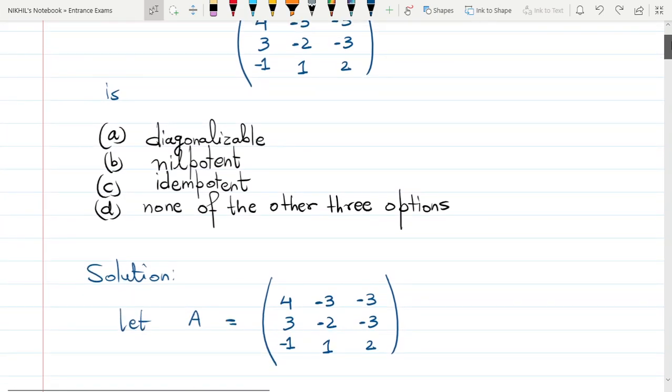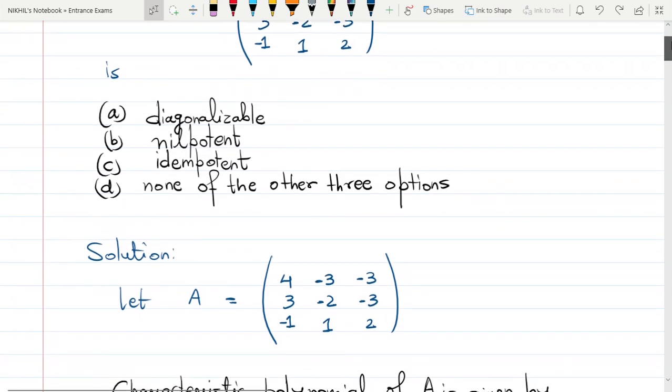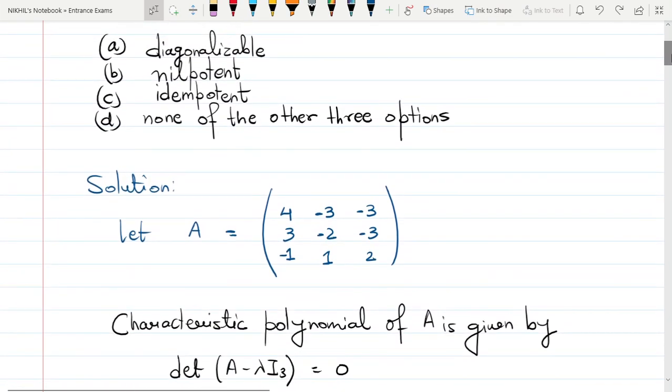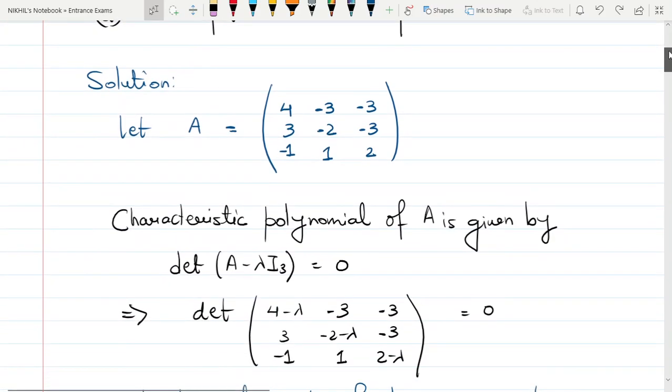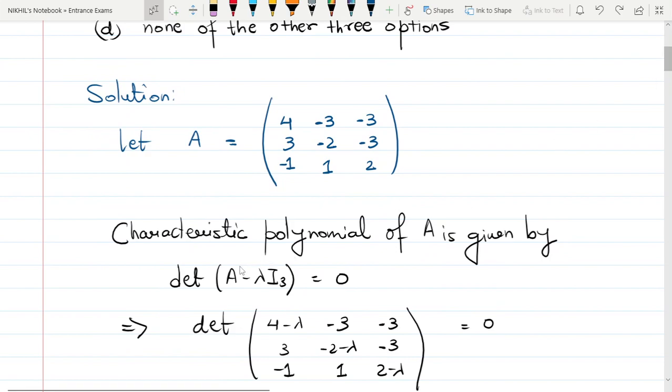So I assume my given matrix to be A. The characteristic polynomial of this matrix A is given by the determinant of A minus lambda I3, where I3 is the identity matrix of order 3 by 3 and lambda is my eigenvalue. When you evaluate this expression, the matrix is going to look like this. Basically, I have subtracted lambda from the diagonal of this matrix.